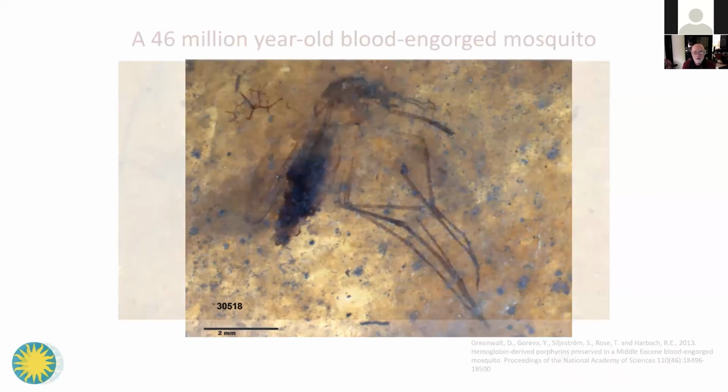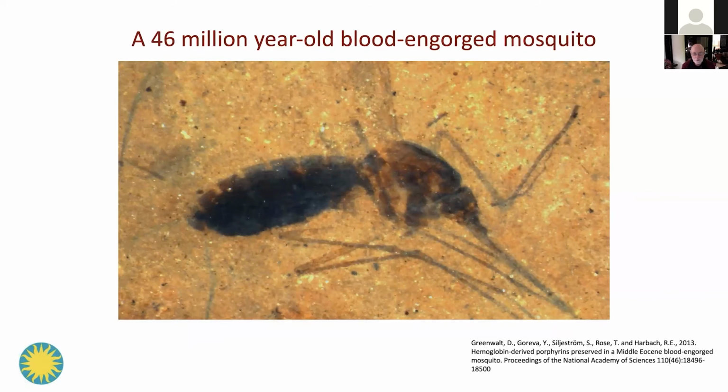And in fact, there's a place in northwestern Montana where we have collected, I think, 7 or 8 different blood-engorged mosquito fossils. It's the only place in the world where they have been found. And the abdomen in this particular one was analyzed for the presence of blood.